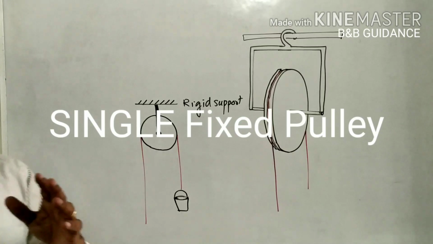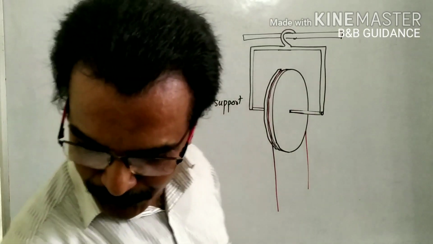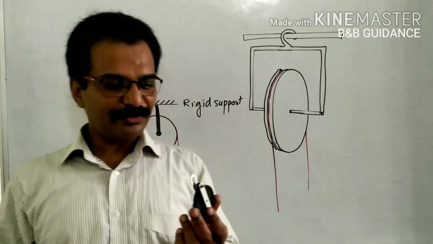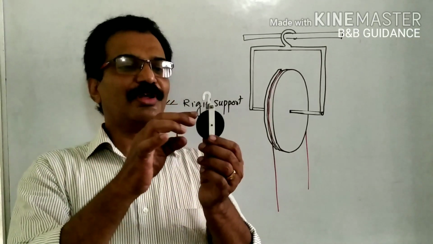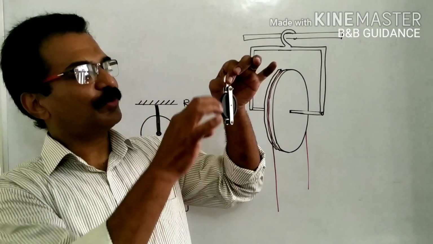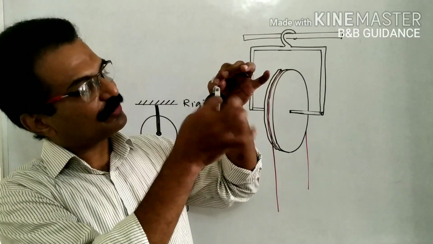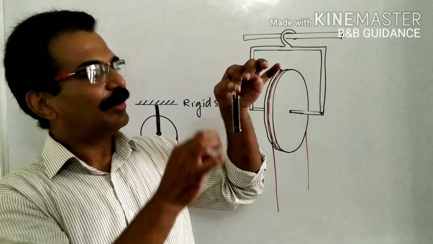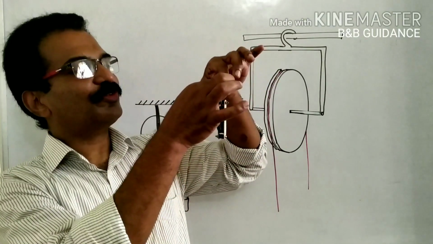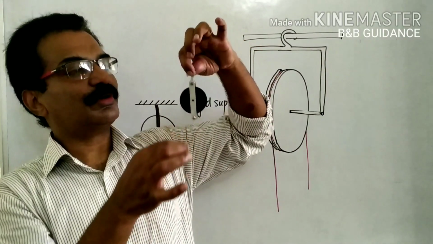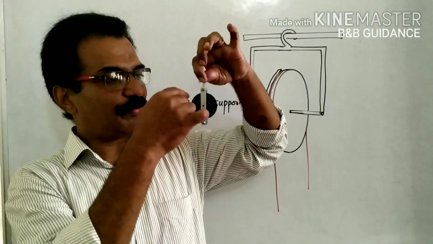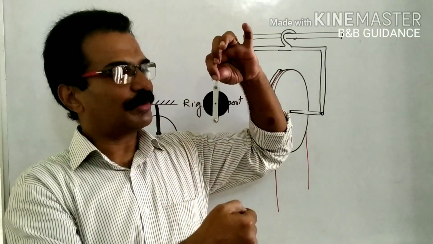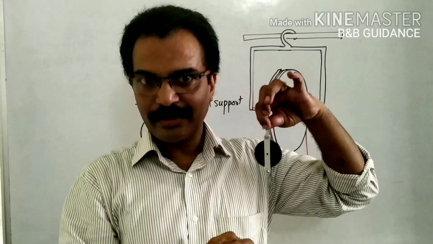Well, I have got a model of a pulley with me. I will show you. Here it is. This is the grooved wheel, free to rotate about this point. I can use this hook to support it, and I must pass one string over this. Okay, let me do that.